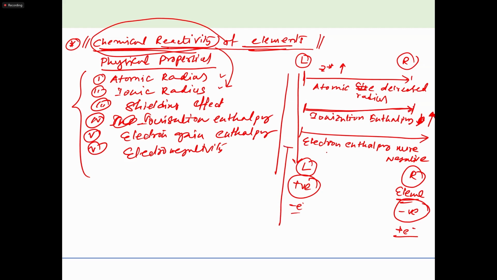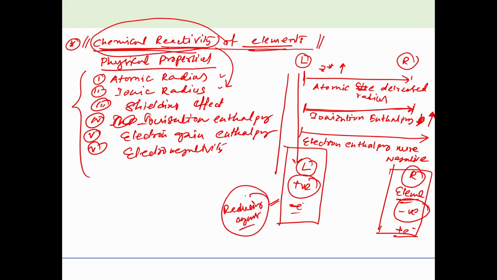That's why the left side elements do not easily take electrons; they can easily remove them. When it can remove electrons, it acts as a reducing agent. That means it can reduce another body easily, but it will itself be oxidized. That's why it is a reducing agent.